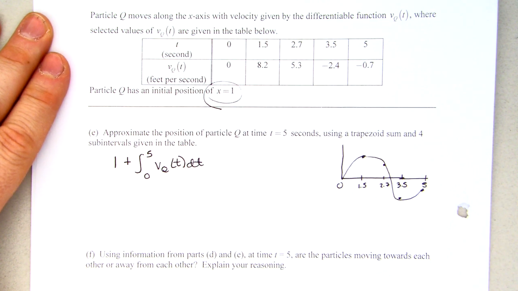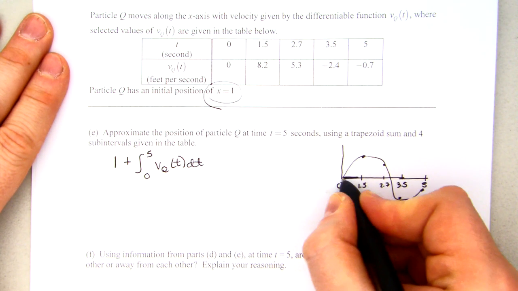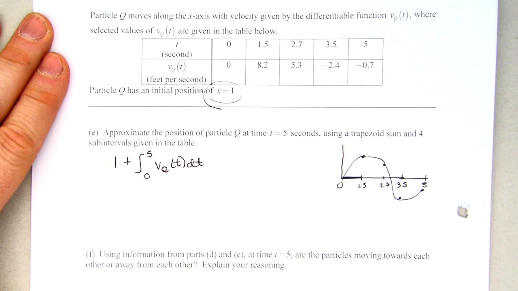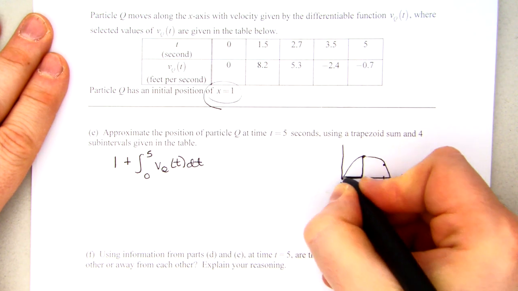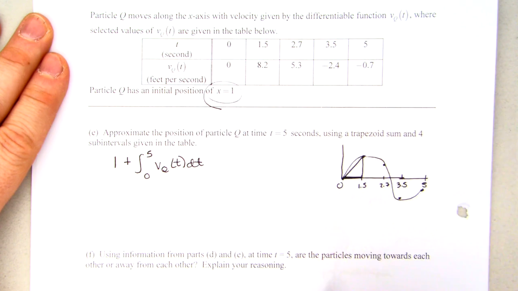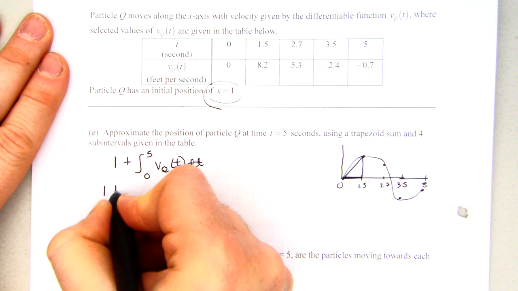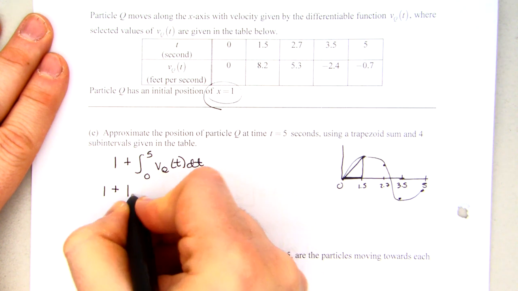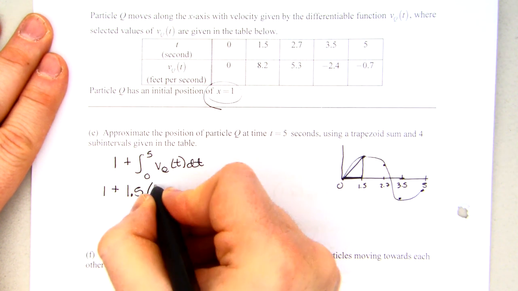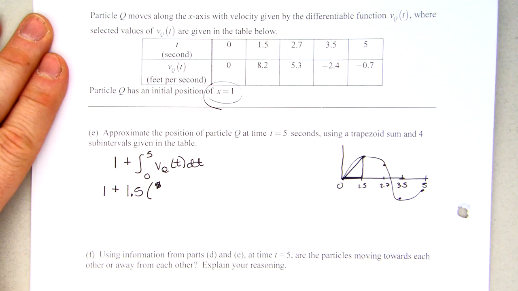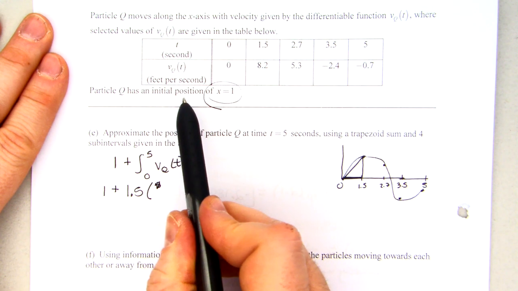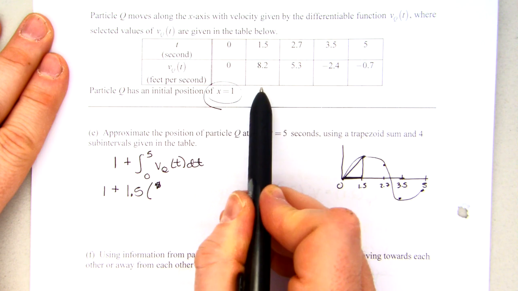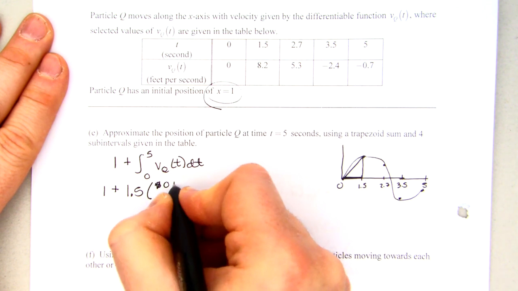I'm just guessing here because I've got no clue in between the x values. But my first trapezoid is going to have a base of 1.5. And then I want to do the average of my heights at 0 and 1.5. So actually my first trapezoid is really just a triangle. I think, though, I'm going to write it out as 1.5, my base, times the average of my heights. Maybe I'll skip the v sub q stuff and just go straight to 0 plus 8.2 divided by 2.